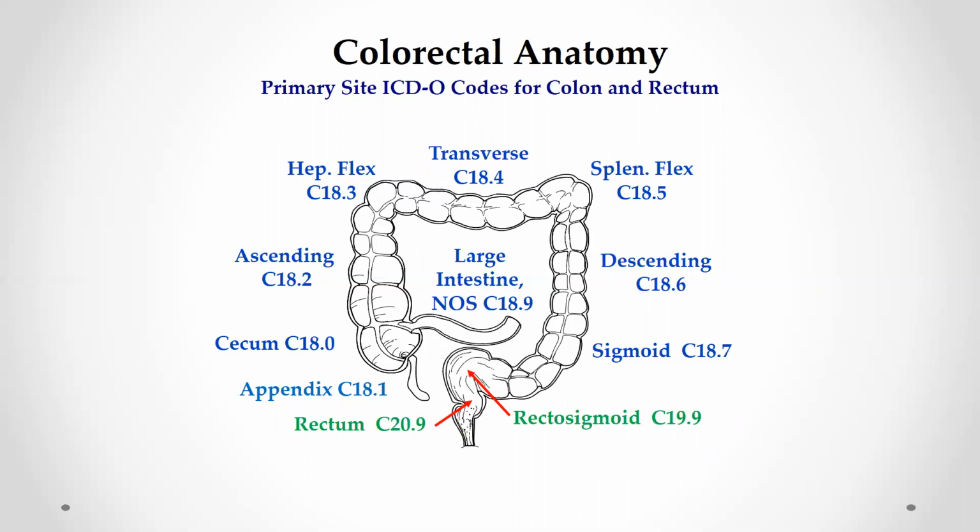Like other primary site codes, there is a 0.8 code, a C18.8, not shown here, but used for a tumor that is large enough to overlap two subsites. For colon and rectum cancers, you probably won't use the 0.8 very often. There is also a C18.9 for colon NOS, or not otherwise specified.